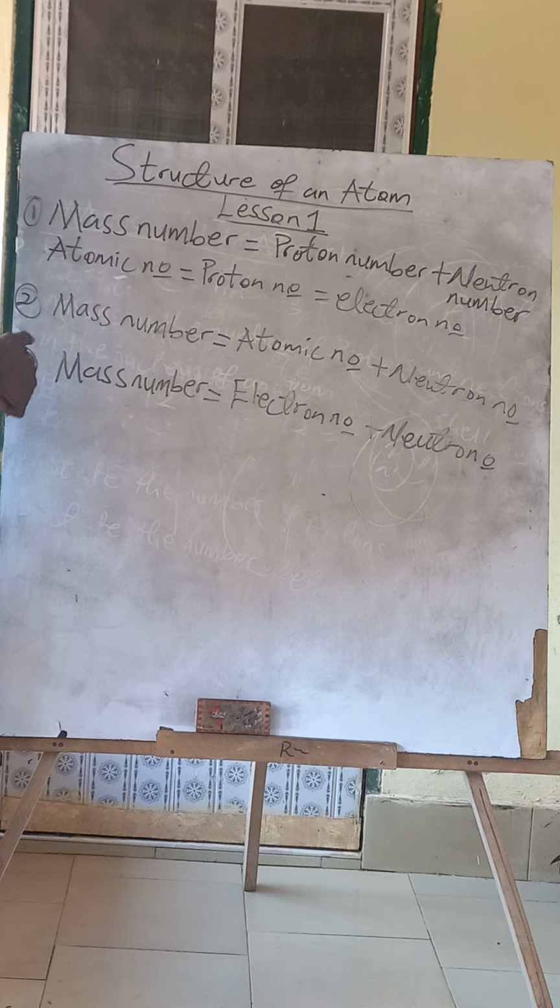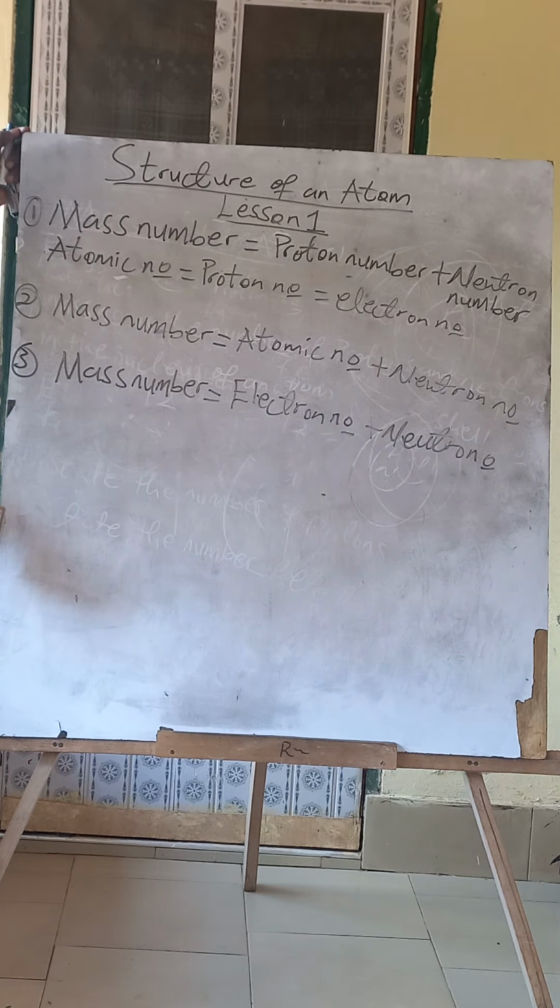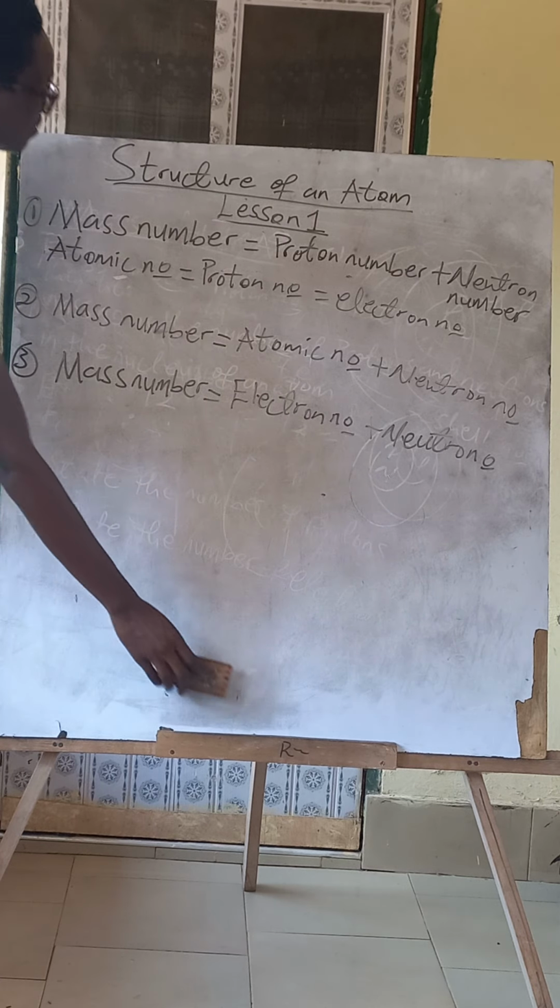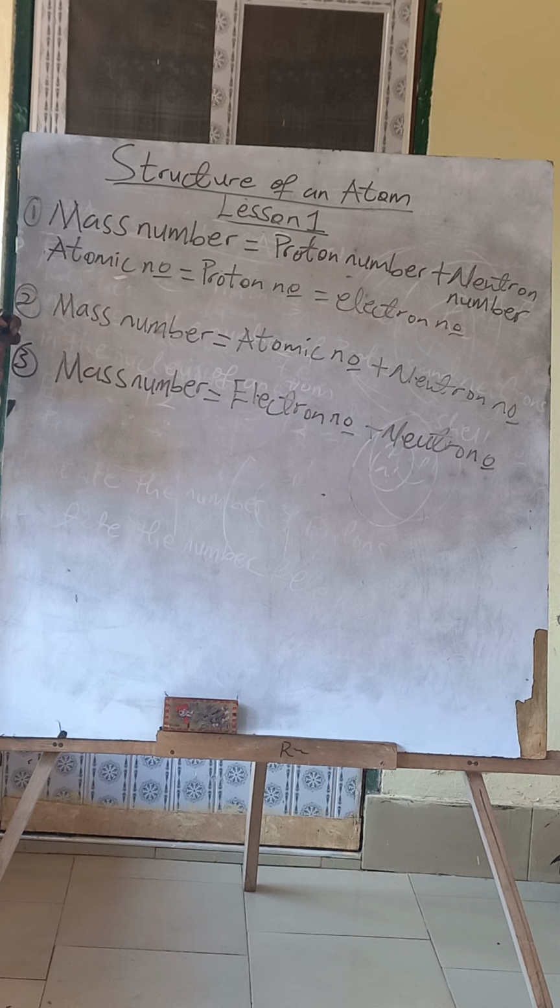So this brings us to the end of lesson 1. I don't want the video to be lengthy. I think we are going to have 3 lessons for this particular topic. In our lesson 2, we are going to solve some questions on this area: how to calculate the mass number, how to calculate the neutron number.